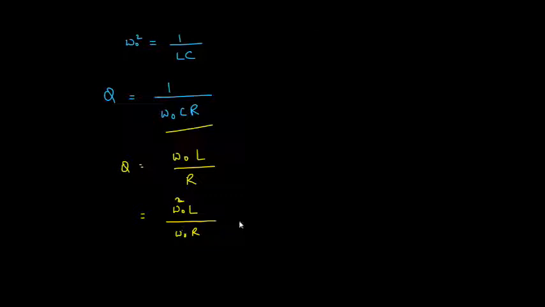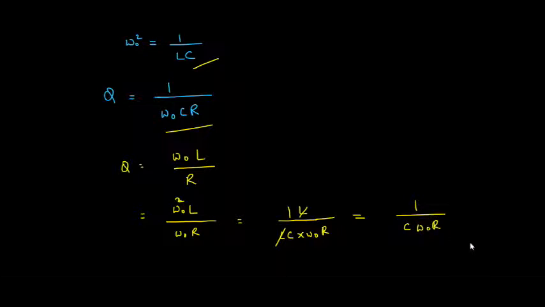Instead of omega naught square, we can write 1 upon LC, so 1 upon LC multiplied by omega naught R. So L gets cancelled, and we have 1 upon C omega naught R. So we have derived this equation: Q is equal to 1 upon omega naught RC.